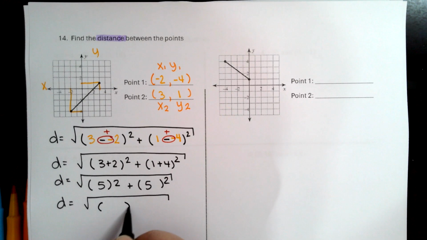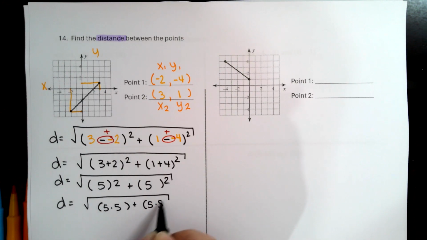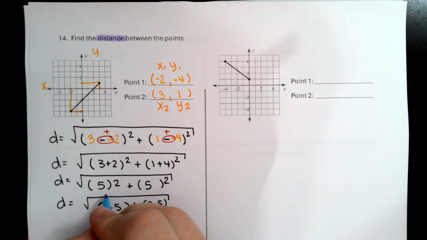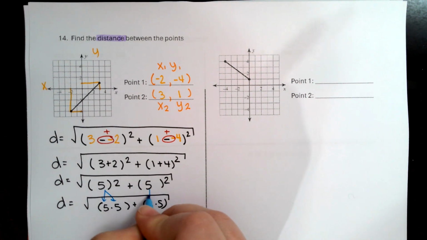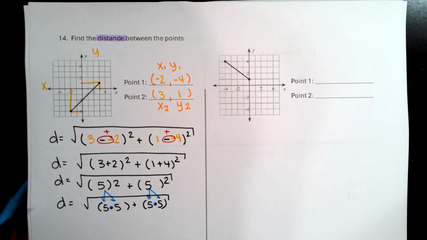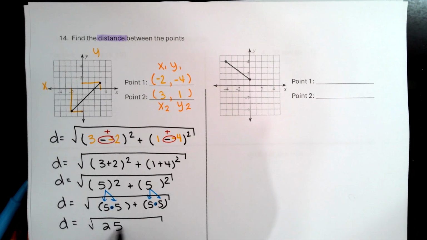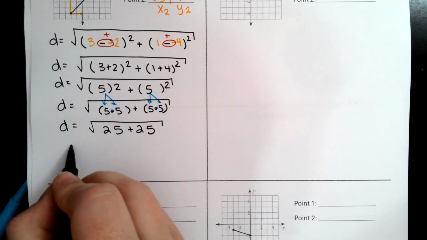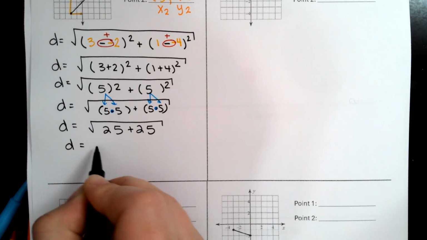Again, we need to expand that, so this is going to be 5 times 5, and this is going to be 5 times 5. Make sure here that you're multiplying. So we have 25 plus 25, and 25 plus 25 is 50.